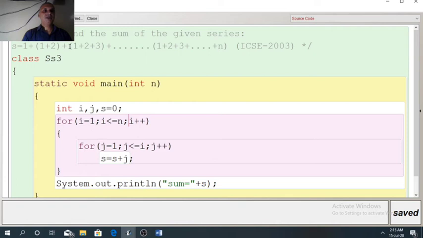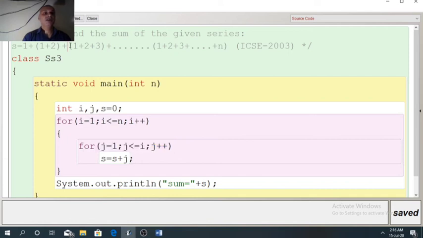When i is 3, it means we are talking about the third term of the series. So the third term is a combination of 3 numbers, 1, 2 and 3. So when i is 3 here, the inner loop will run 3 times, starting from 1 going up to i, that is 3, and j plus plus means increment by 1. So we will get the numbers 1, 2 and 3.